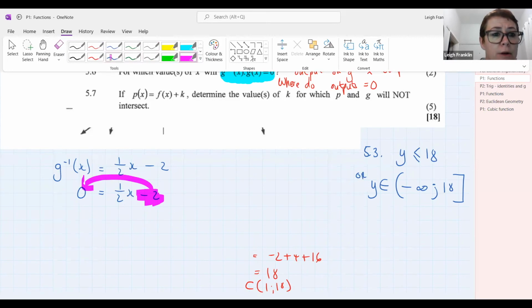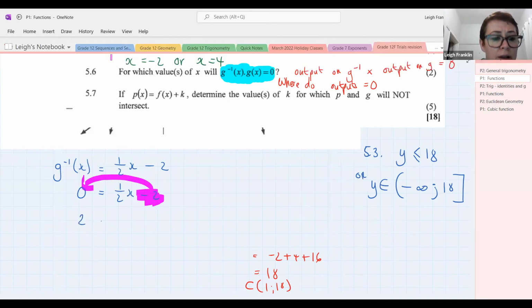Okay, so it's now going to be +2 on the left is equal to half x. Okay, so now I'm going to divide by a half on both sides, or the other way I could look at it is that I'm going to times by 2 on both sides. Okay, so I'm going to times this side by 2, so I get x, I must times that side by 2, and that's why it's +4. Okay. Okay, happiness.